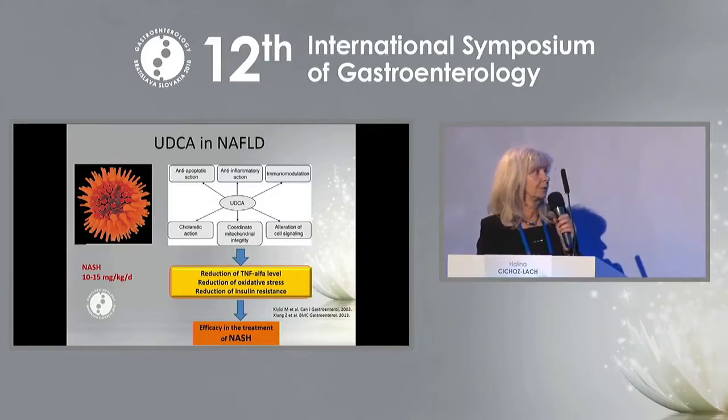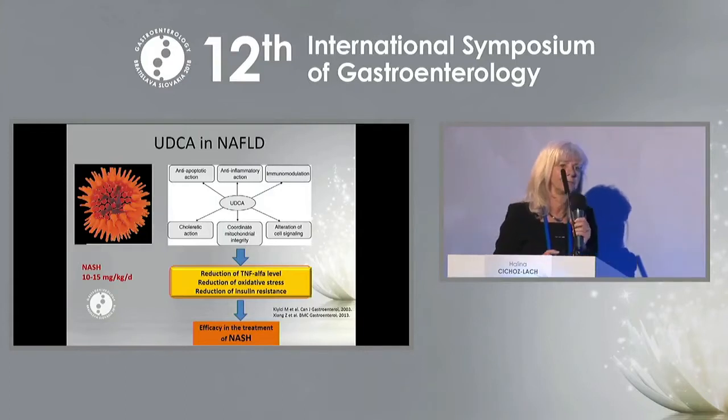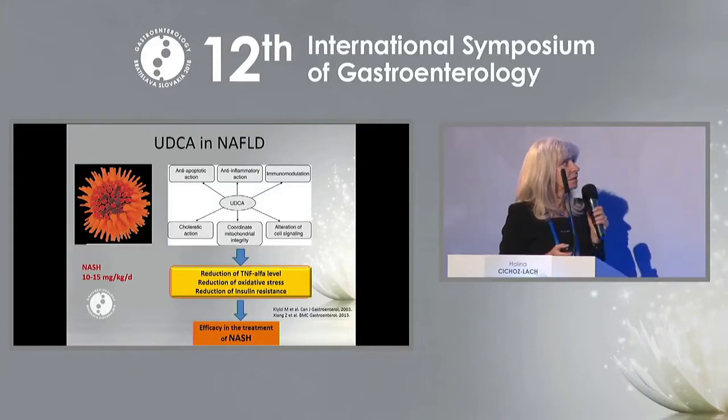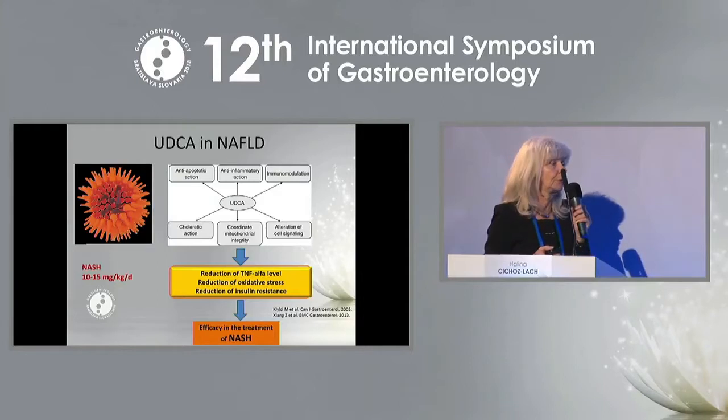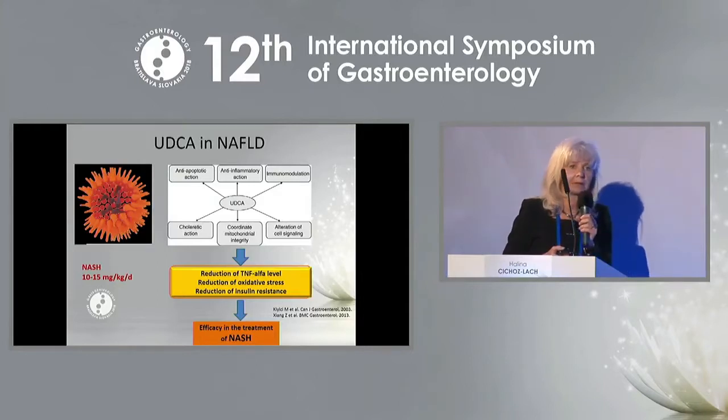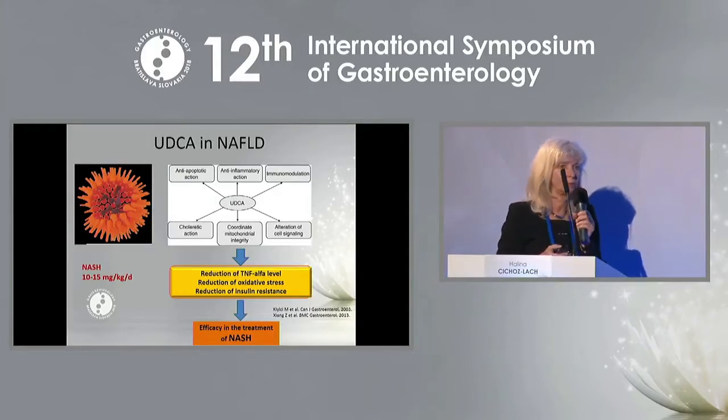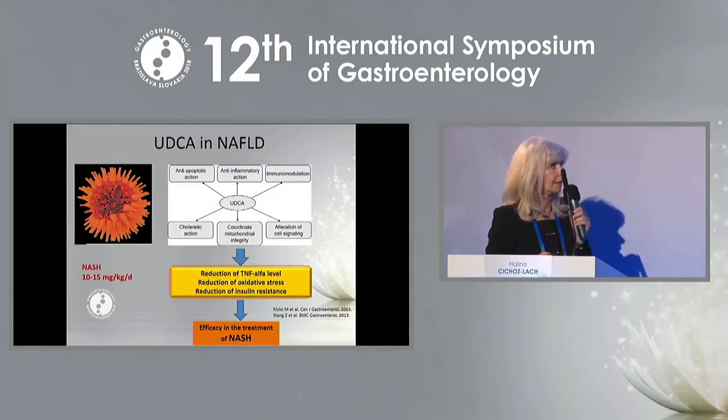They lead to reduction of TNF-alpha level and of oxidative stress, and UDCA in these patients reduces insulin resistance, which plays the crucial role in pathogenesis of NASH. NASH patients treated with UDCA at a dose of 10 to 15 milligrams per kilogram per day show improvement in biochemical results.